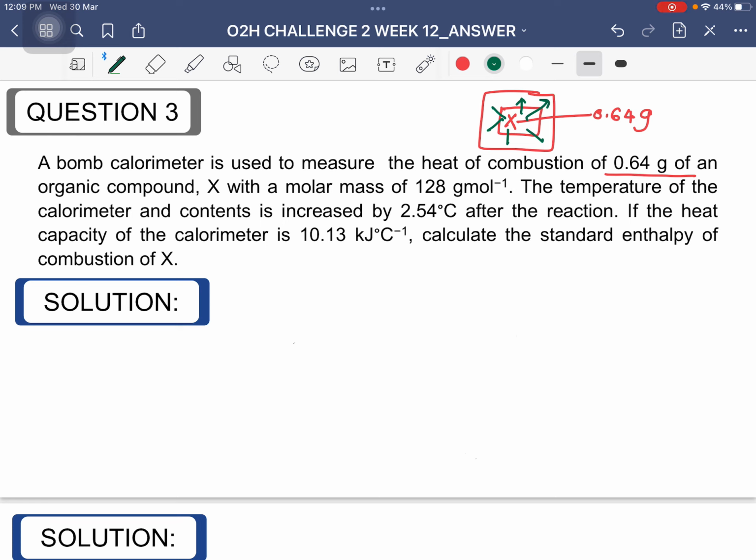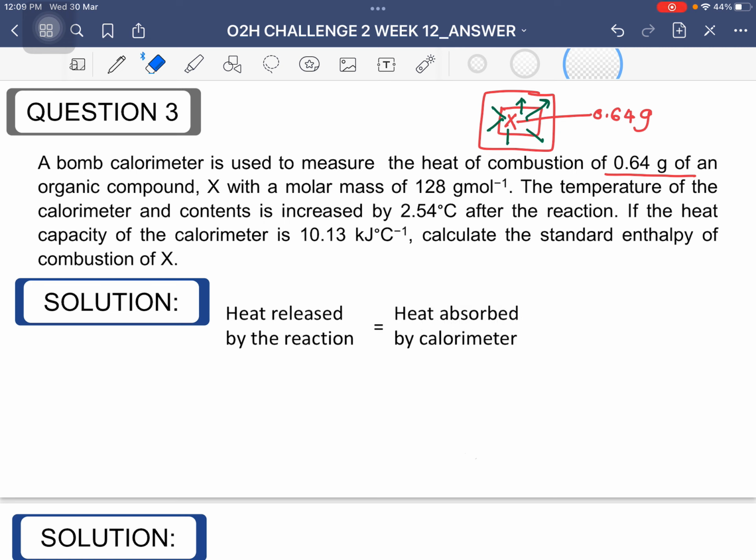Okay, so ada tak dia mention dekat sini absorbed by water? So dia tak bagi tahulah. Maksudnya kandungan heat tu berada di dalam calorimeter. So kita boleh kira lah berapakah tenaga yang dibebaskan daripada pembakaran. Okay, so heat released by the reaction is absorbed by the calorimeter sahaja.